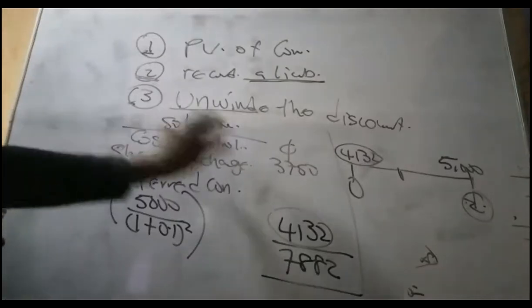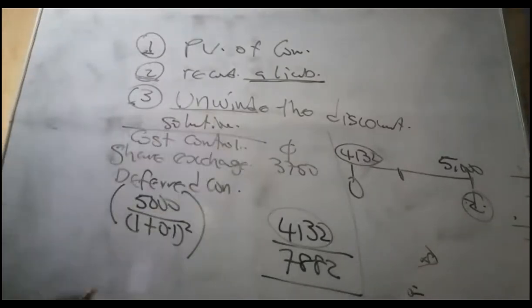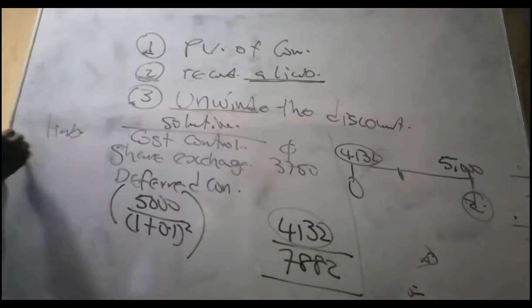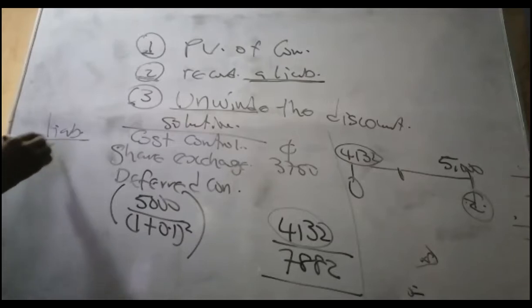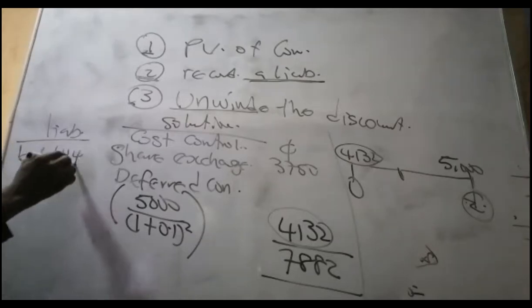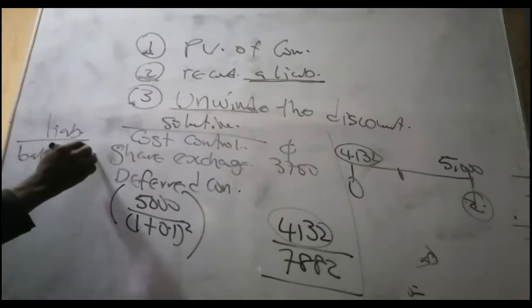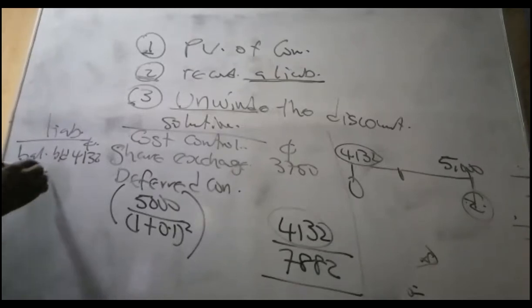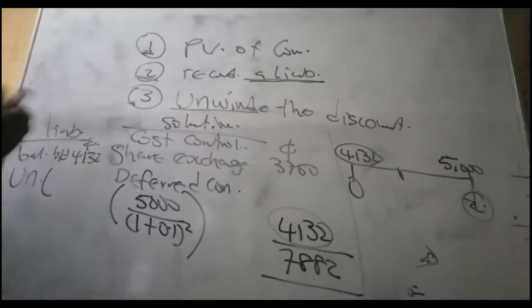So now that we are done with the asset section, let's go into the liability section. First, liability at the start, the balance brought down, 4,132. Then there's another unwinding of the discount. Take the liability at the start and multiply it by the discount factor, which is 10%.